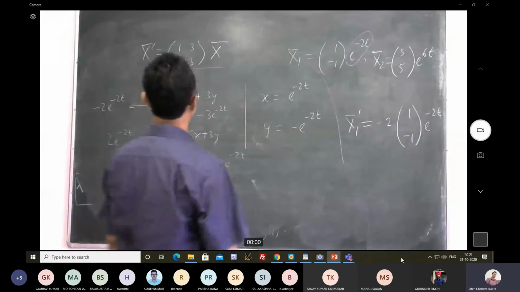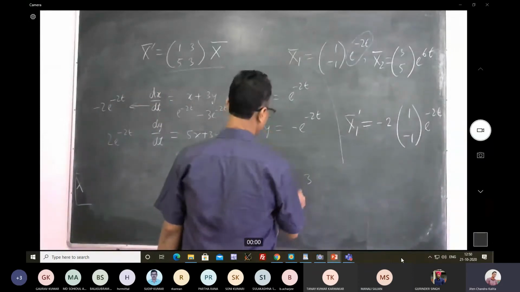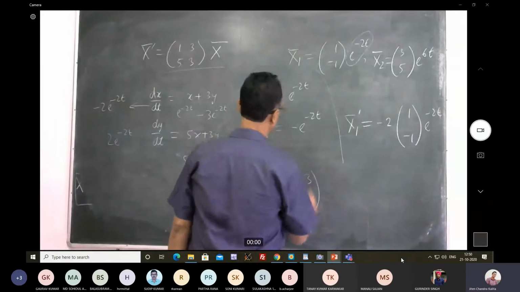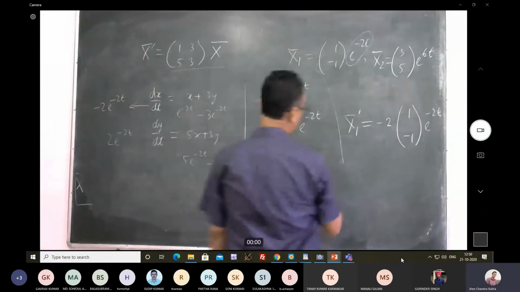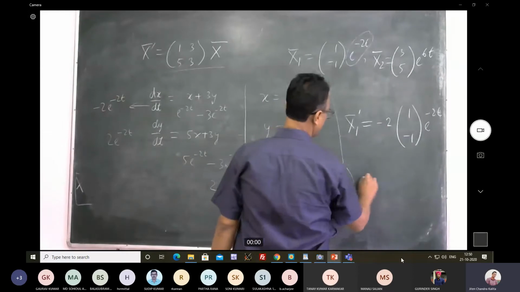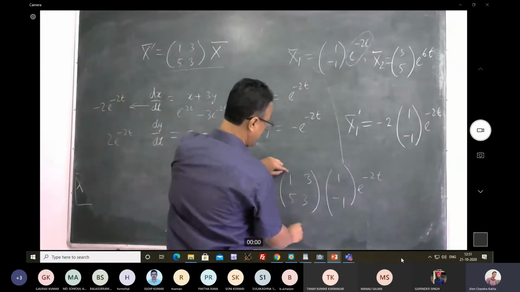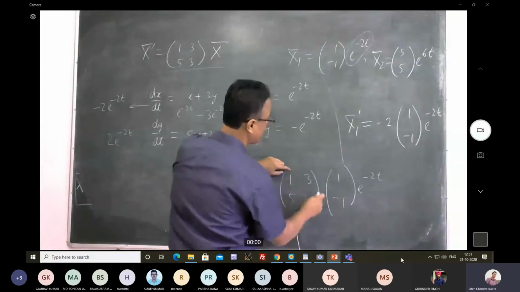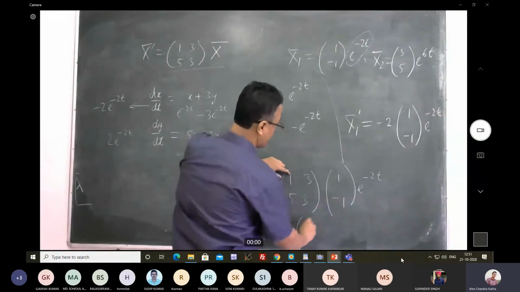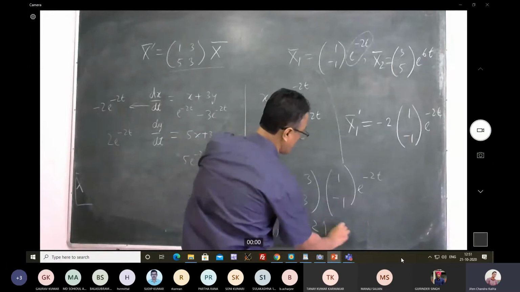So now look at this. If I take the matrix (1 3; 5 3) times x1, where x1 was (1, minus 1) e to the power minus 2t, even without working on that, what would it have given me? 1 minus 3, that is minus 2, and 5 minus 3, that is 2, times e to the power minus 2t.